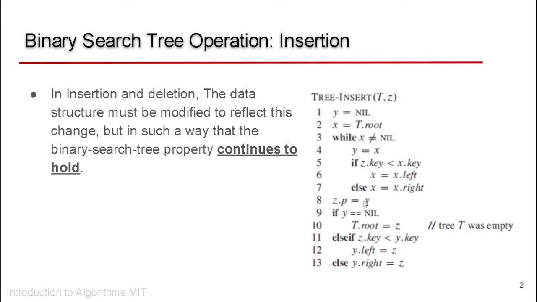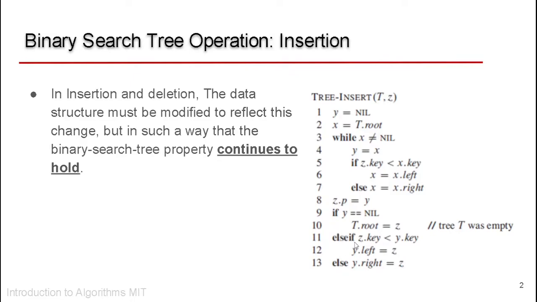z dot p equal to y. y is pointing actually to the x. This is a small note just to know where this line came from. Here it is just checking if y equals null. That means the tree is already empty, so simply the root will be z, your new node.